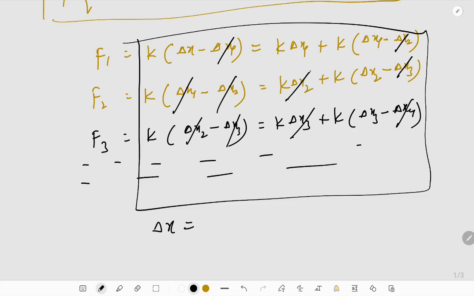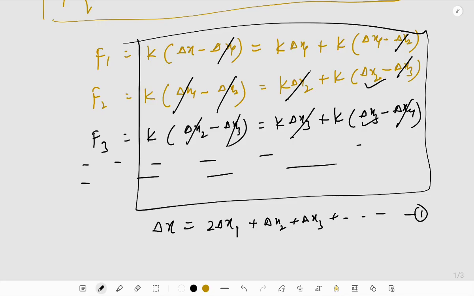K is already cancelled, so we can write something like 2 delta x1 from the first equation, plus delta x2, delta x3, and so on. This is our equation 1.